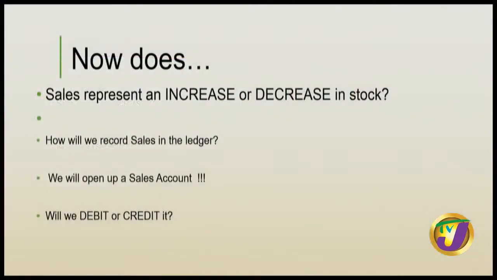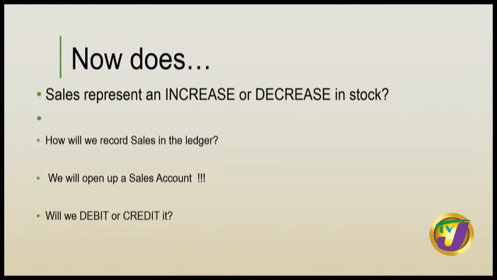Now, when we sell goods, does sales represent an increase in stock or a decrease in stock? Will it cause us to have more stock or will it cause us to have less stock? Less, of course. We sell the goods. All right. Now, will we debit this account then or credit it? Come on, we're talking about stock. We sell some goods.